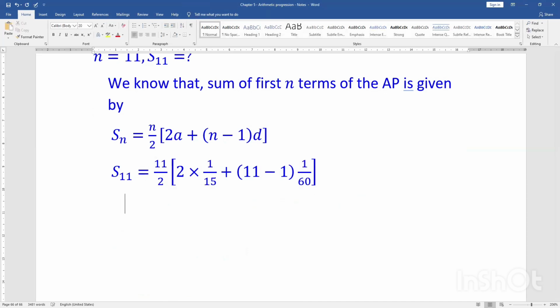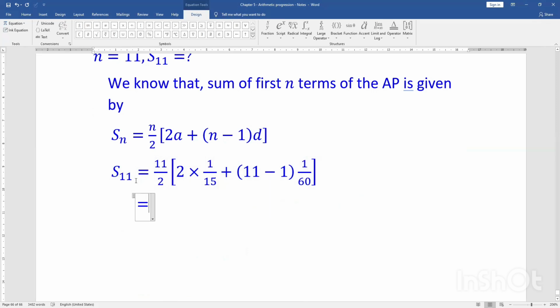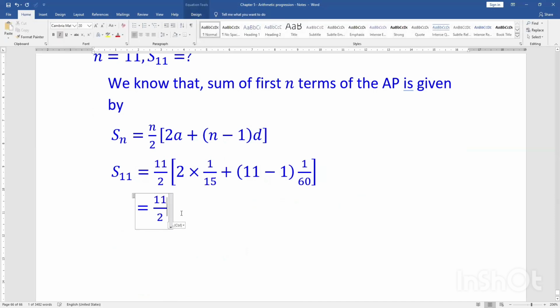The next step, I'm going to write it as equal to 11 by 2, then open the bracket.